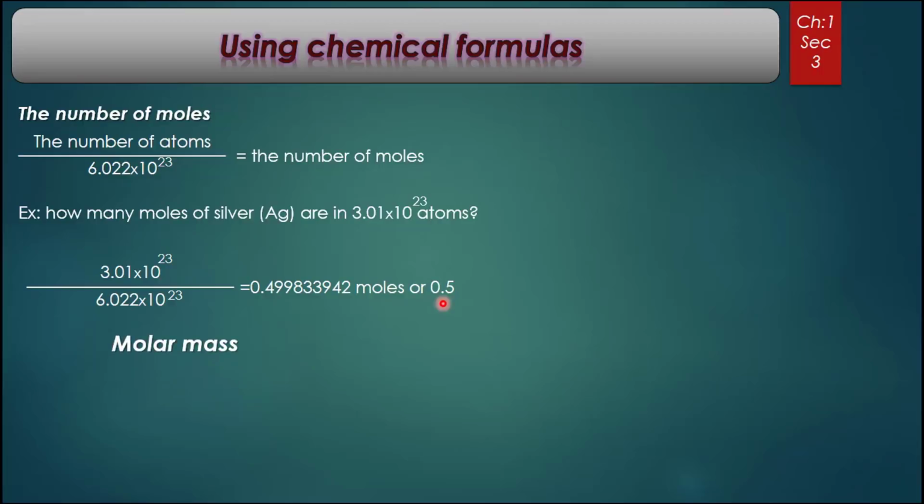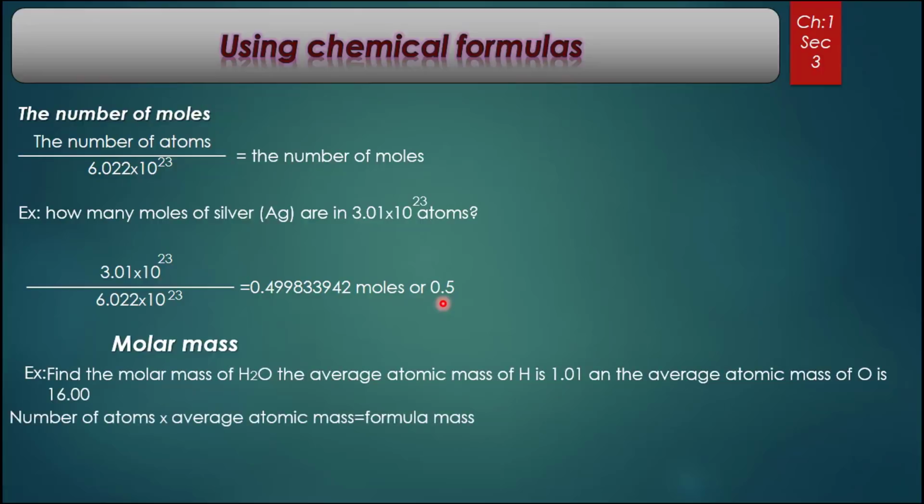Okay, so the next one we will be starting with is the molar mass. Because molar mass is super easy, I saved it to finish with. Here, to find the molar mass, you will just use the same formula as for the formula mass. I have prepared the same question as the formula mass question.